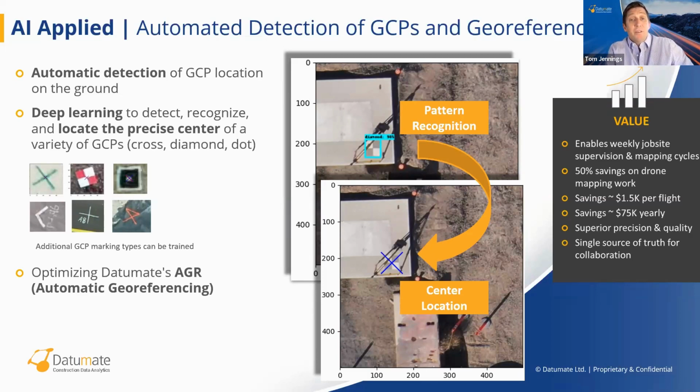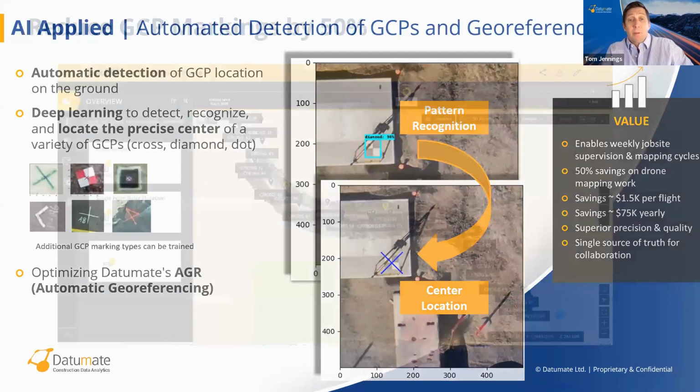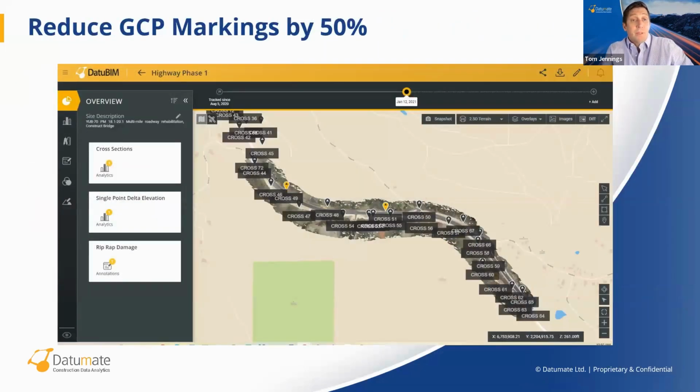Right away, your UAV and survey teams are going to experience big time savings when our platform is marking control points for them. As the construction industry continues along this journey of digital transformation, there are tremendous opportunities for companies to streamline their processes, increase efficiencies, and retain their competitive edge.